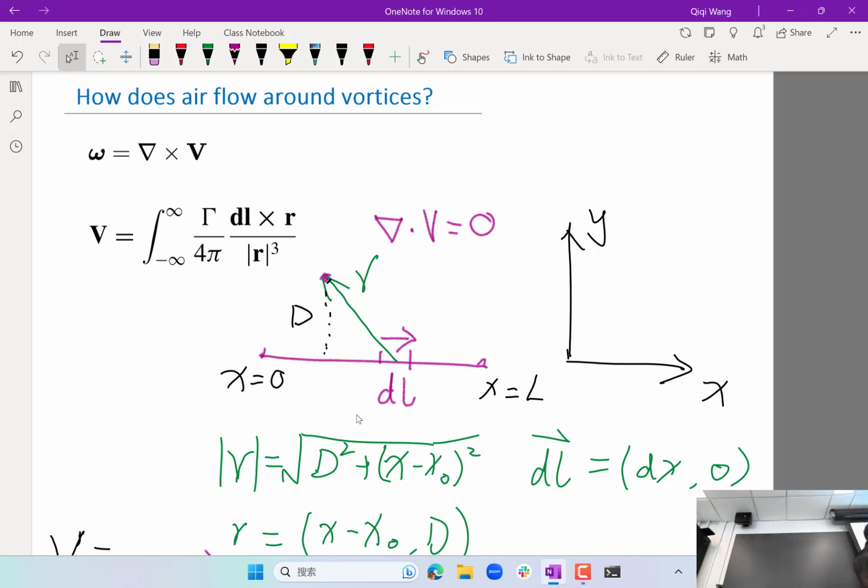So basically, in the scenario where divergence of velocity is equal to 0, you can completely determine the velocity from the vorticity field, right? And this is the simple equation, I mean, not so simple, but this is the closed form of how the velocity would depend on the vorticity field, right?